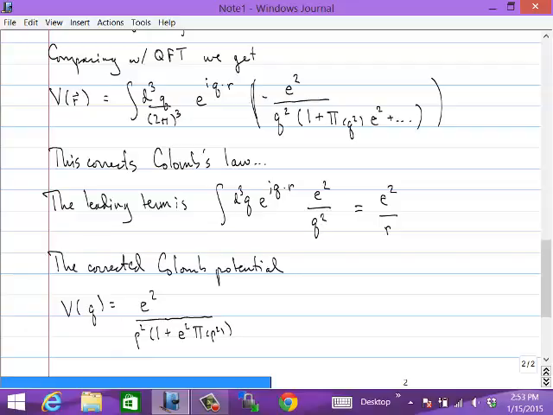Sorry, I'm mixing p's and q's. Let's just call it p. So that's in momentum space, and we could then go to position space by taking the Fourier transform. Indeed, that's what I'm going to do in just a second.